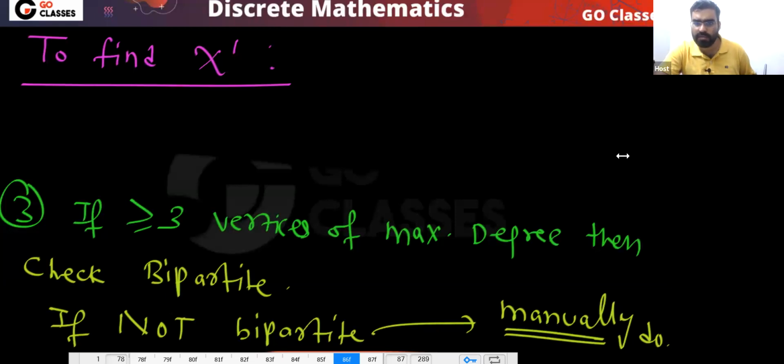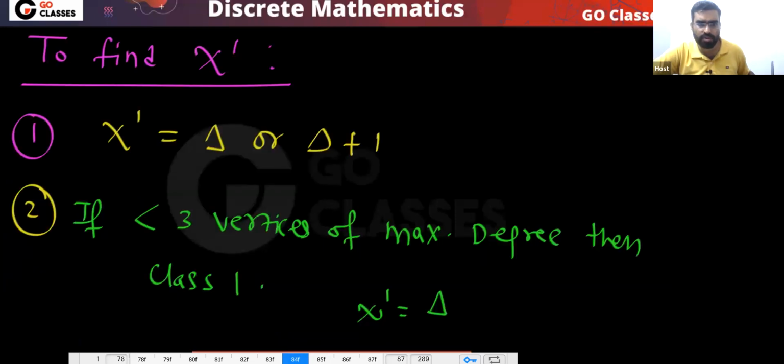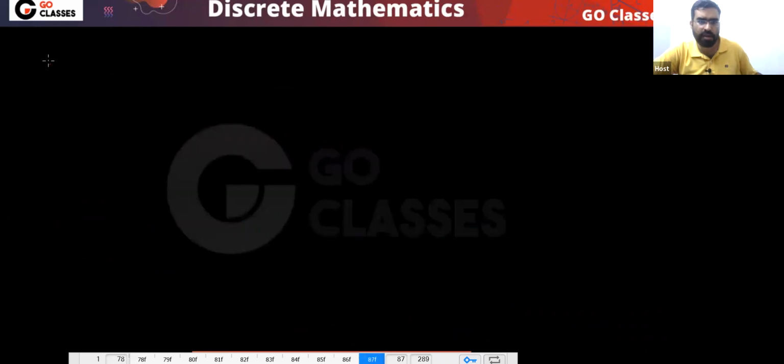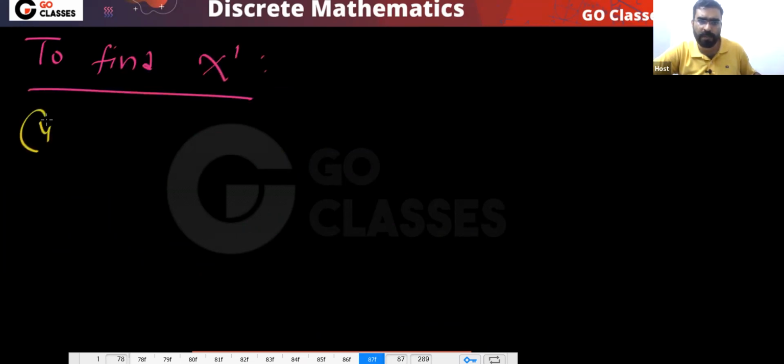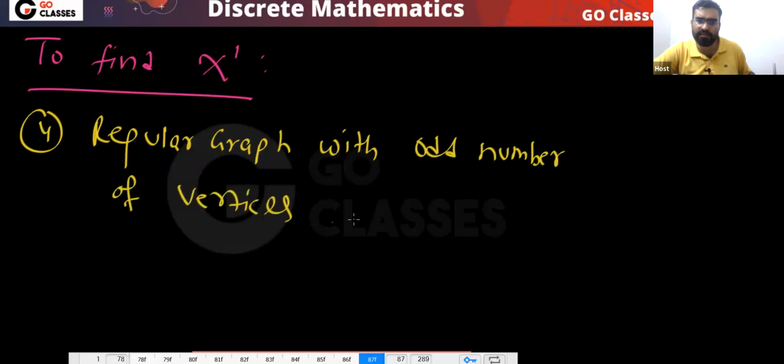Also, one thing you can notice: these standard things you can also remember to find chromatic index. A regular graph with an odd number of vertices, that will be what?